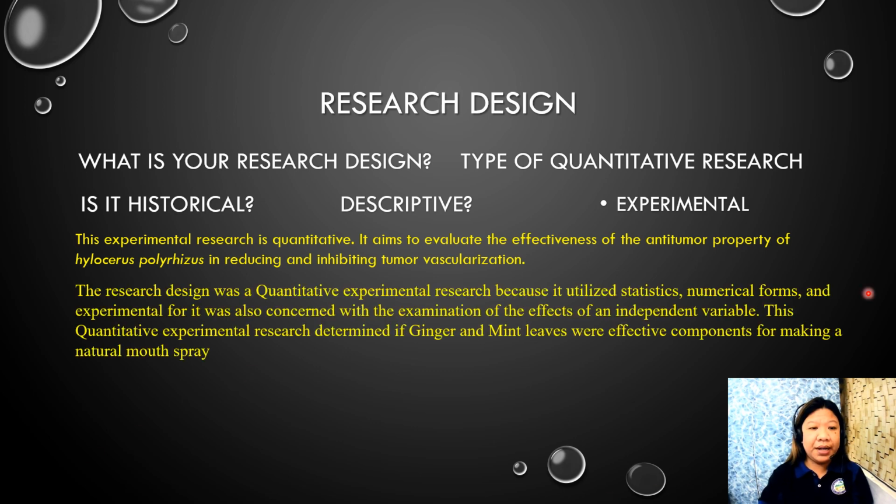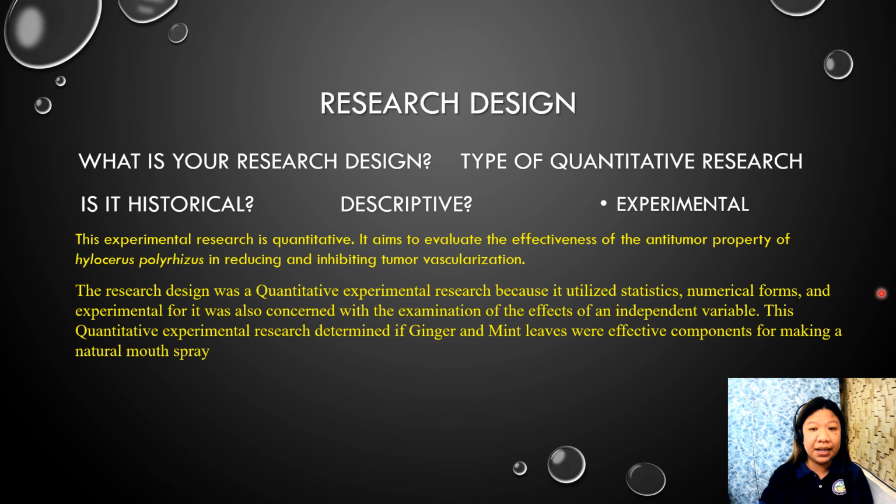Another example, the research design was a quantitative experimental research because it utilized statistics, numerical forms, and experiments, for it was also concerned with the examination of the effects of an independent variable. This quantitative experimental research determined if ginger and mint leaves were effective components for making a natural mouth spray. So these are some of the examples.